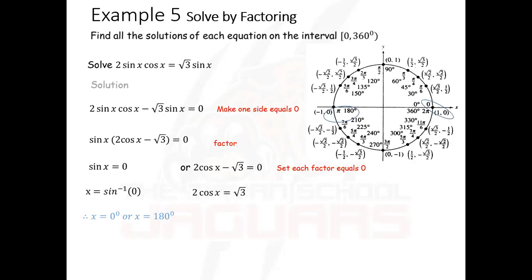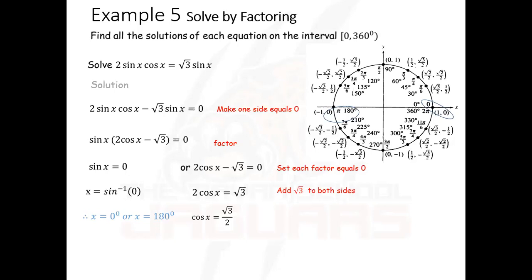Let's solve the other one. Leaving the 2 cosine of x alone, we get 2 cosine of x equals square root of 3. Then, since cosine of x is multiplied by 2, the 2 passes dividing to the other side, and now we have cosine of x equals square root of 3 over 2. One more time, in the unit circle, remember the cosine is associated with the x.